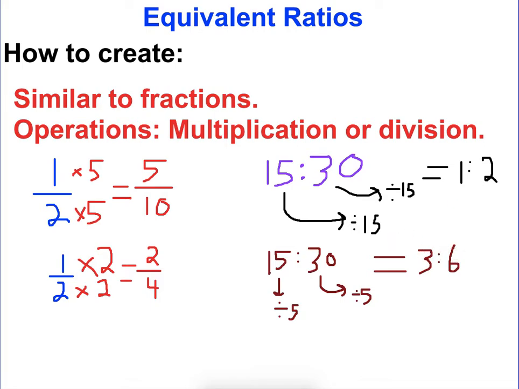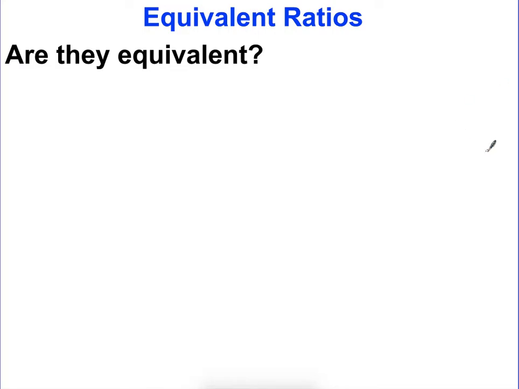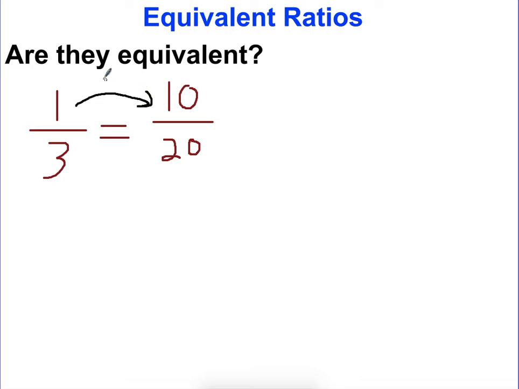All right, let's look at how we tell if ratios are equivalent. Sometimes we're asked to tell if things are equivalent. Let's take 1/3. Is it equivalent to 10/20? A couple different ways we can do this. How do I get from 1 to 10 if I'm multiplying or dividing?